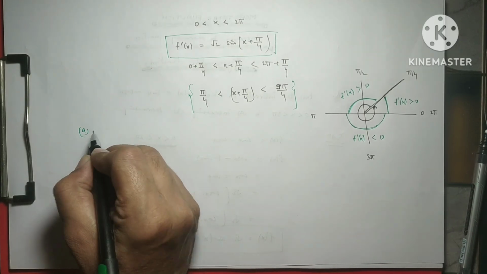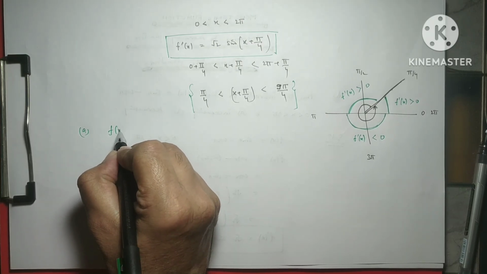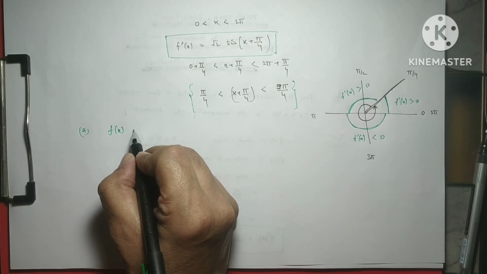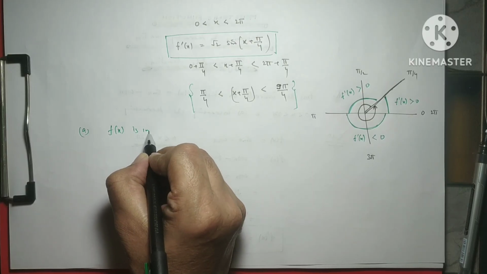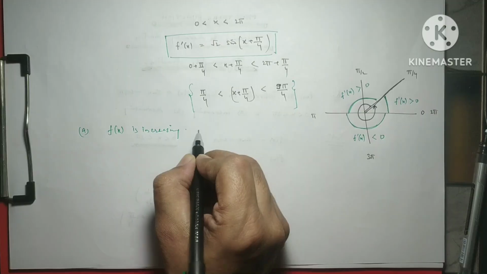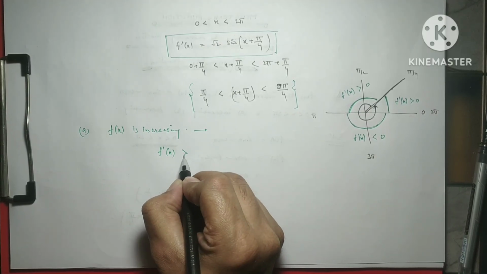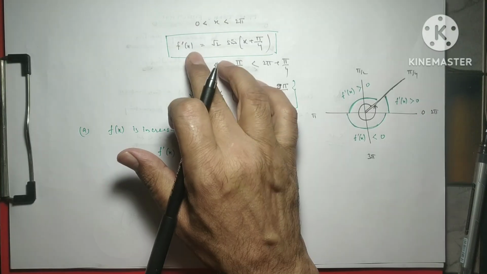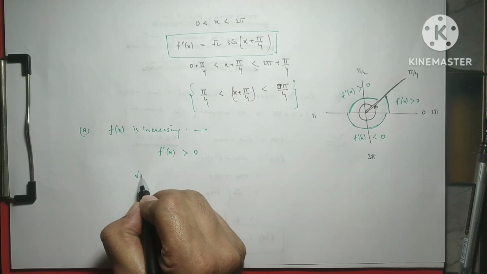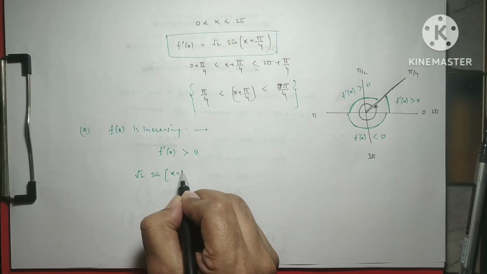Number one, where f(x) is increasing. The condition for the function to be increasing is f dash x greater than 0, and f dash x is root 2 sin (x plus pi by 4).